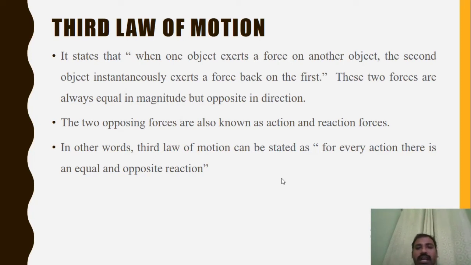If the first object is giving 5 Newtons of force, the second object will give back the same 5 Newtons of force, but the direction is opposite to the first force. These two opposing forces are known as action and reaction forces. The first force is action, and the second force is reaction.